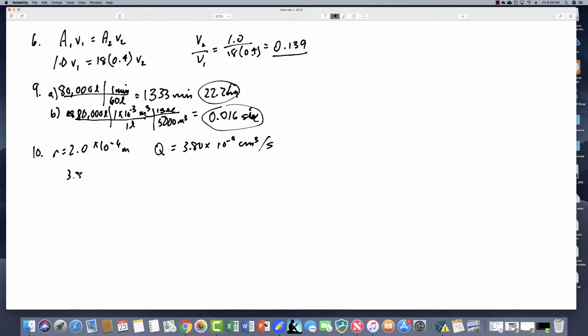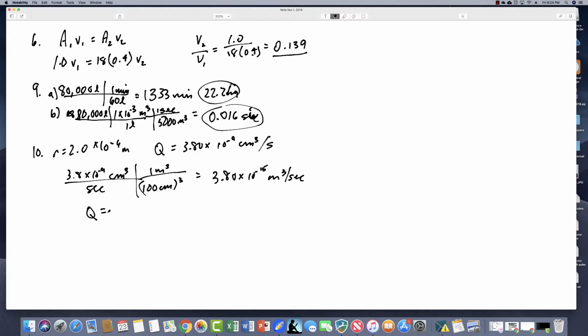So 3.8 times 10 to the minus 9 cubic meters per second. And we have 100 centimeters in a meter, and we're going to cube that to get a cubic meter. And that comes out to 3.80 times 10 to the minus 15 meters cubed per second.